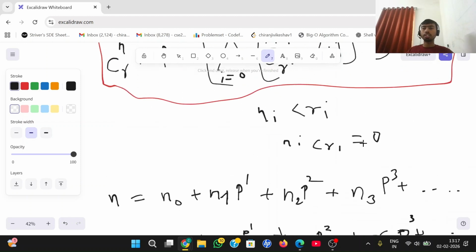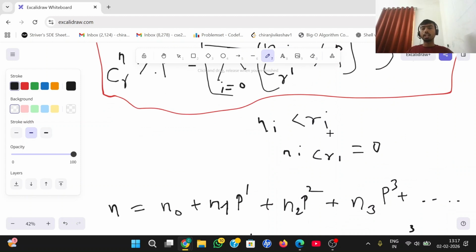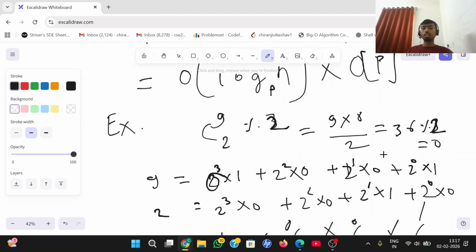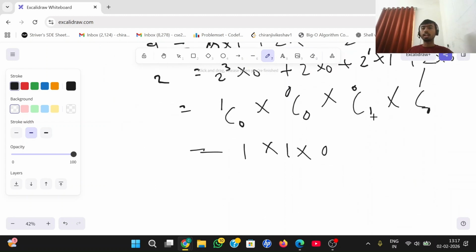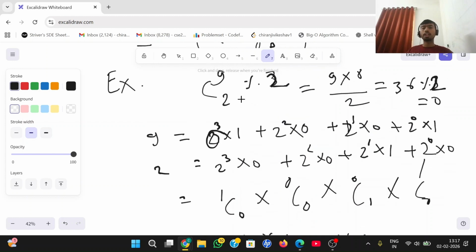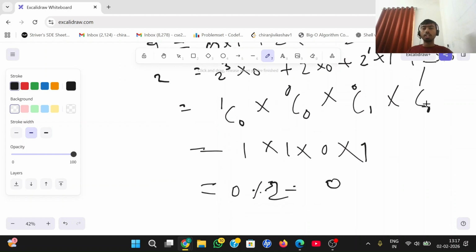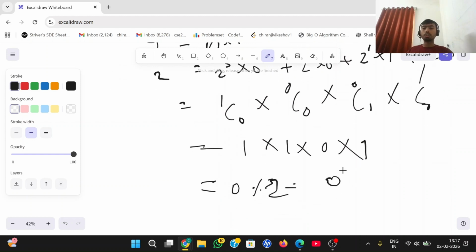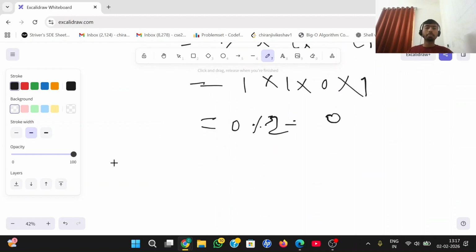I have already told you one condition here: if n is less than r_i, then the value of nCi is 0. So here n_i is less than r_i, so the value of nCi is 0. Here 1C0 is equal to 1. So the final value is 0 modulo 2, which is equal to 0. So here you can see that using direct computation we got 0, and using the Lucas theorem method we also got 0.